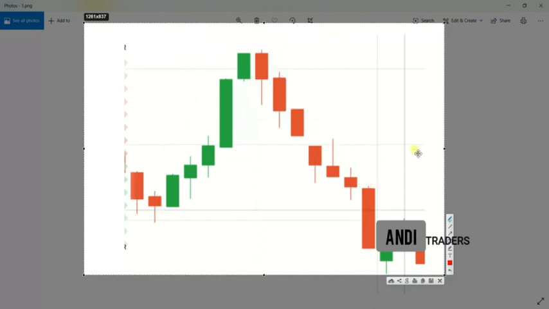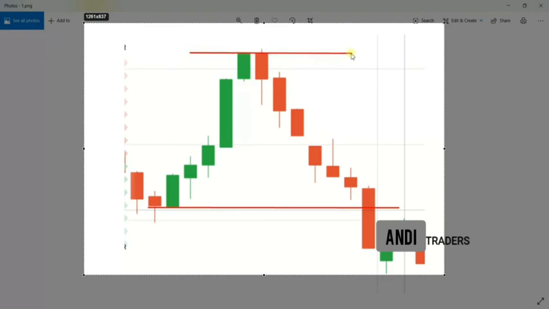What do I mean? You can see the momentum starts from here, and the bullish momentum ends here. So now you are here, you can see a bullish momentum on the left, so now we can expect a bearish momentum on the right.